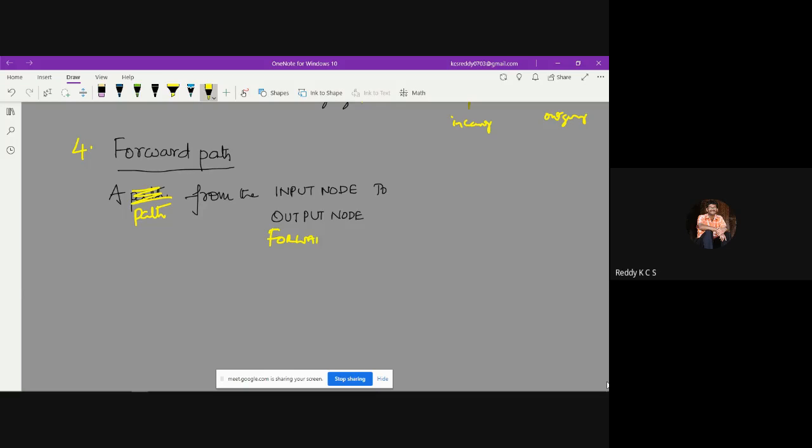So if I take one example, say there is a signal flow graph which is represented in a different way.